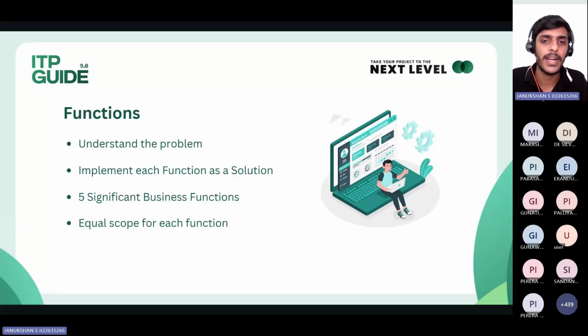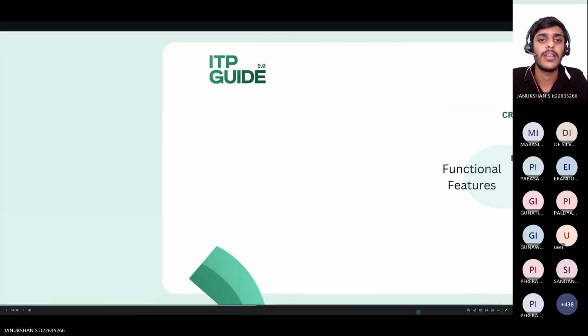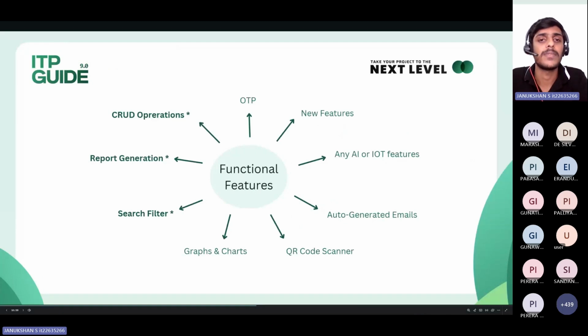This is not a good practice. Therefore, you must select functions with equal scope, and each member must be given an equal amount of work. So when discussing functions, there are several features which you can use as functions.